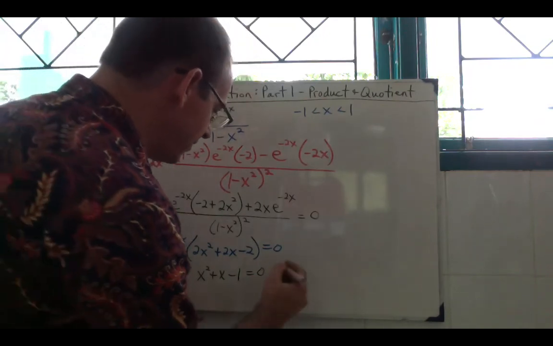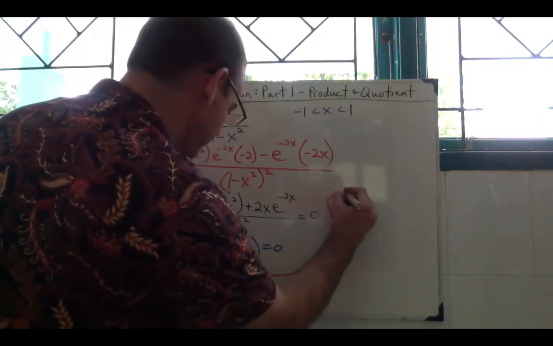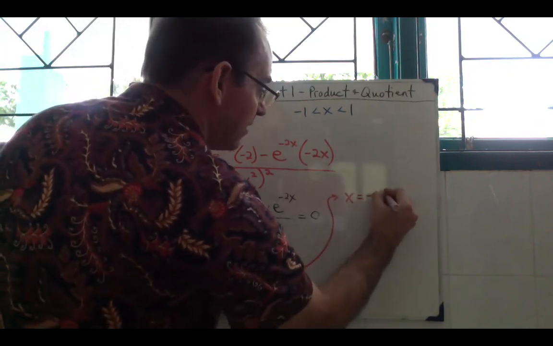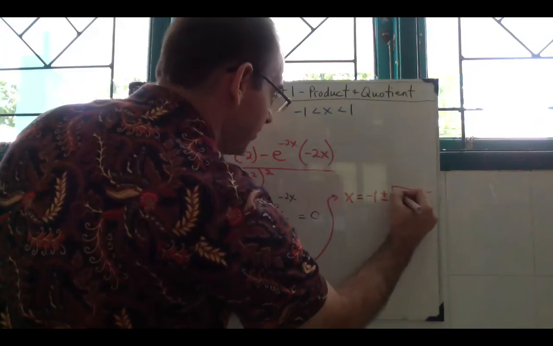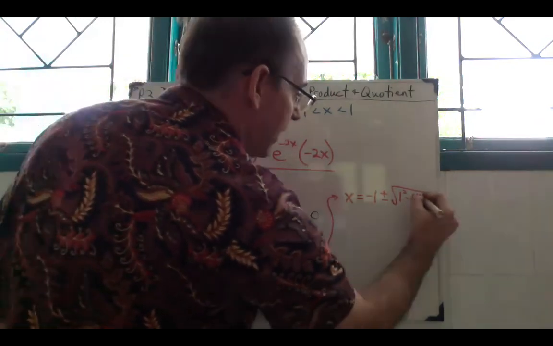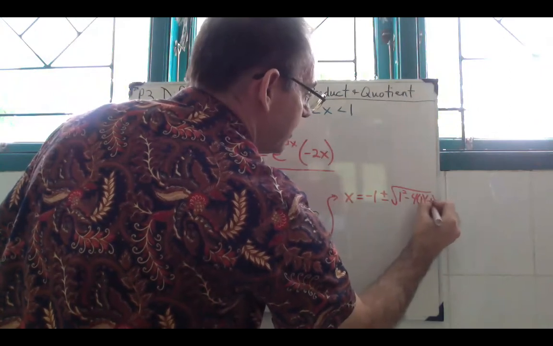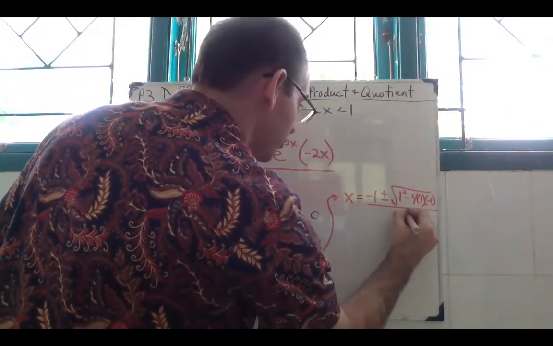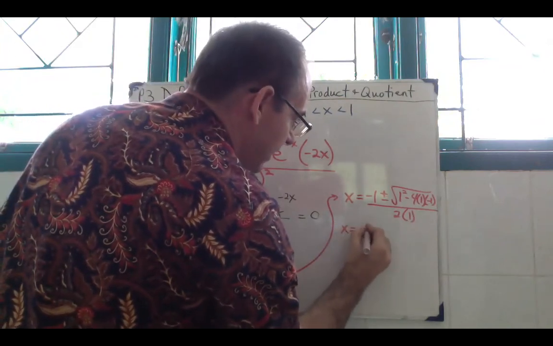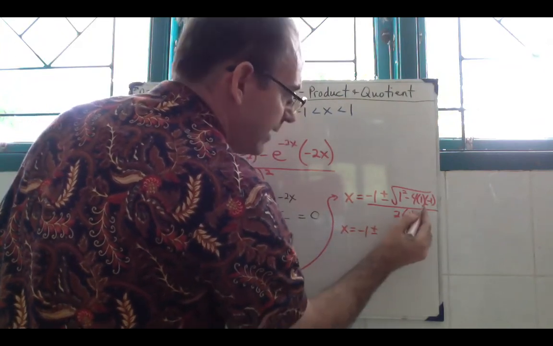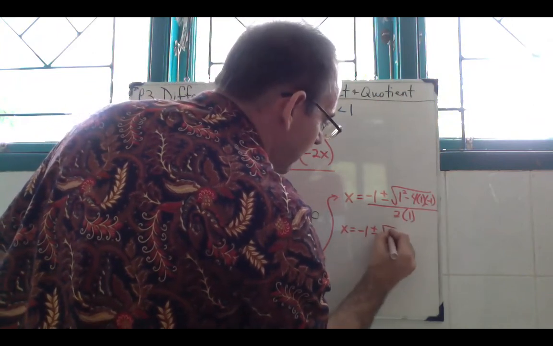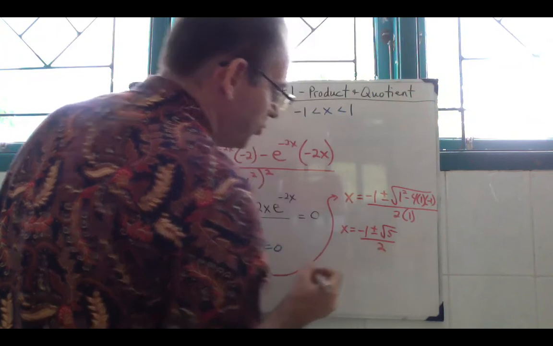So x equals negative b plus or minus root b squared minus 4ac, all over 2a. That gives us x equals negative 1 plus or minus root of 1 plus 4, that's root 5, all over 2.